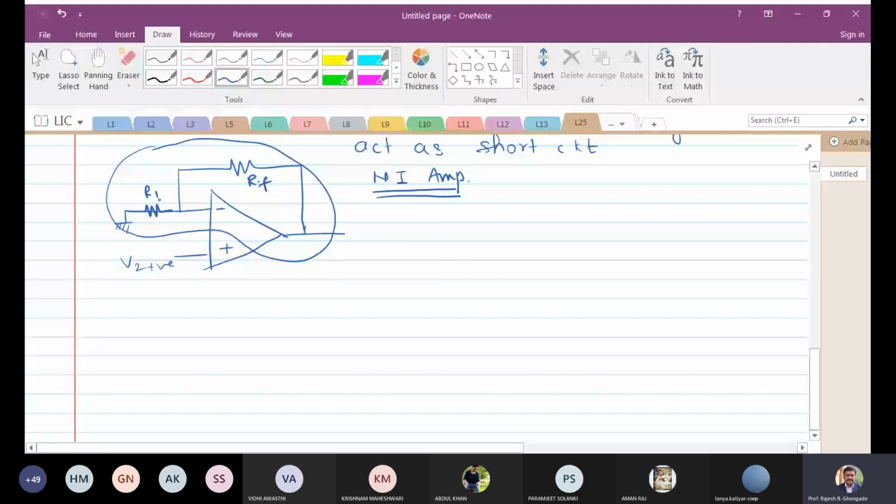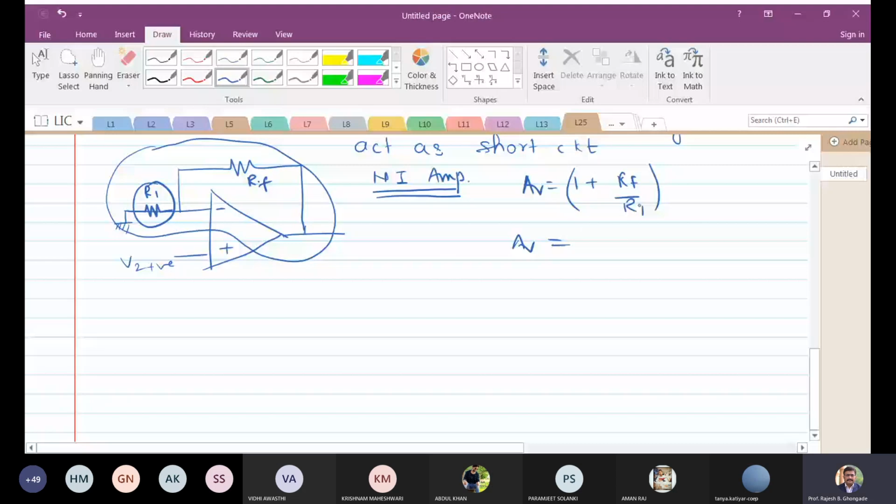and this R1 is equal to 0. So what was the gain for non-inverting amplifier AV? 1 plus RF upon R1, right? Now if R1 is 0, what is the gain?